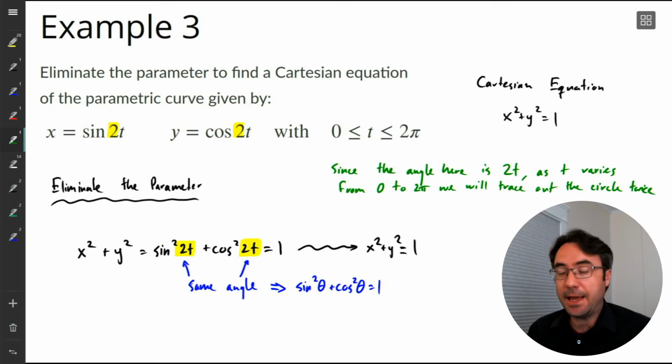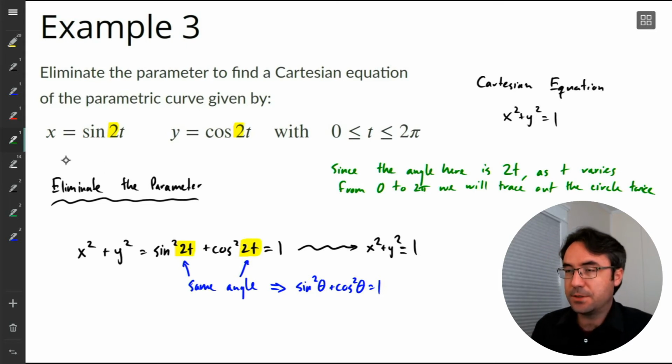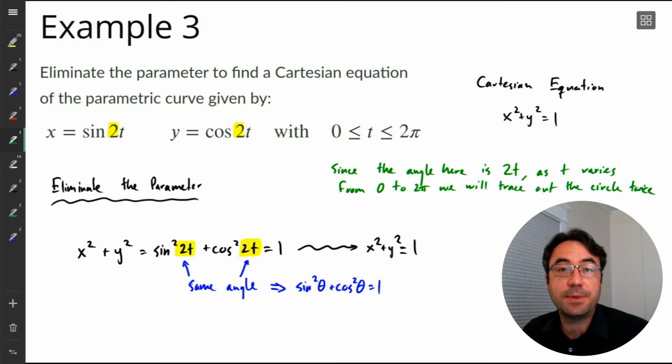And there's going to be how many times we trace out the actual collection of points. So there's a lot more information with this parametric curve than with the Cartesian equation. The Cartesian equation is helpful because it gives us an idea of what the curve looks like, but there's a lot more information here with the parametric equation.